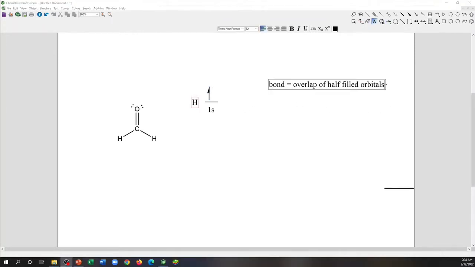Going back to hydrogen, in an atom of hydrogen you have an orbital that is half filled. A bond is best described, for the sake of the molecules that we're going to look at, as the overlap between 2 half-filled orbitals. So hydrogen makes 1 bond because it can use this half-filled orbital and overlap with a different atom to make a bond.